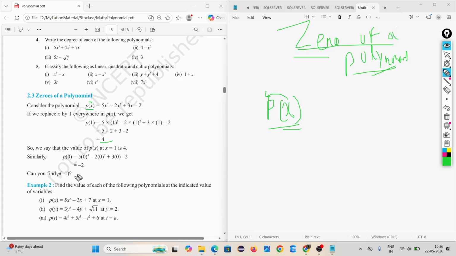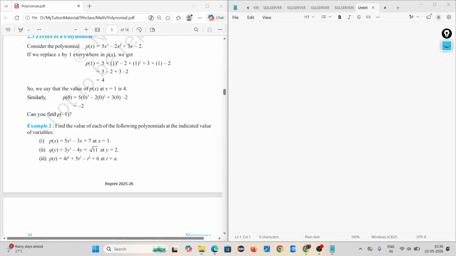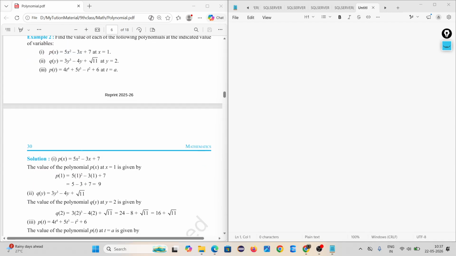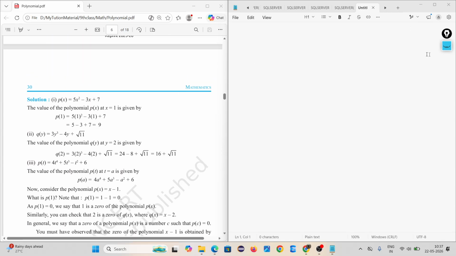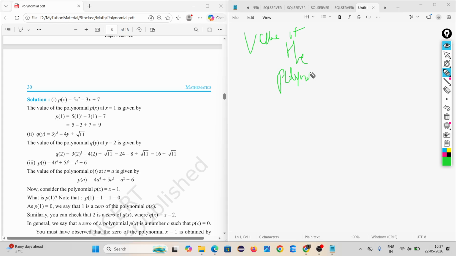Similarly, just find the value of each of the following polynomials at the indicated value of the variable. Two things are important. One is the value of the polynomial, and one is the zeros of the polynomial.